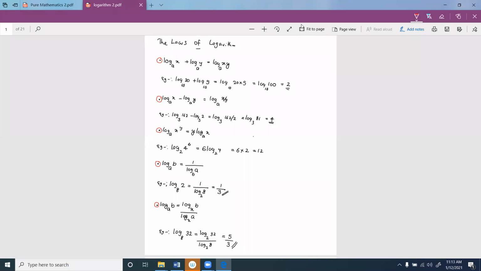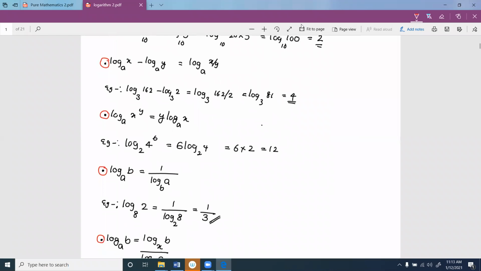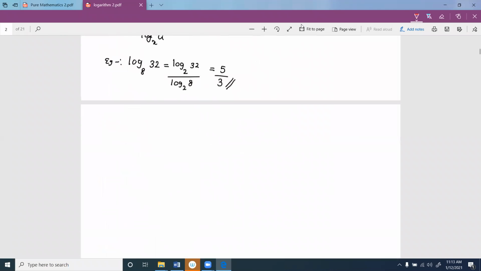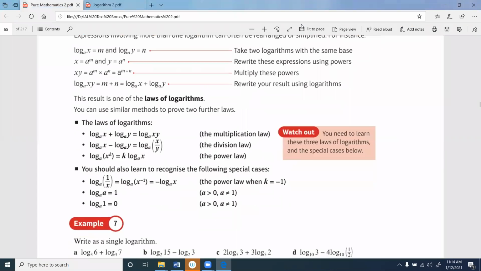These are the things we need to know. Now let's come up with the questions and try to understand what kind of situation they are asking about from this theory. These are the rules they have mentioned here.